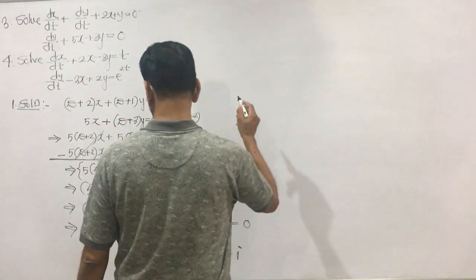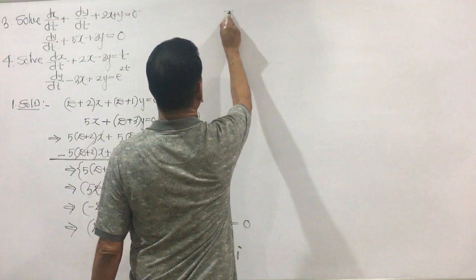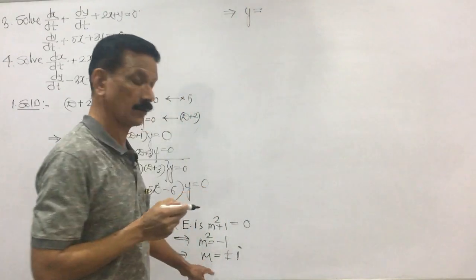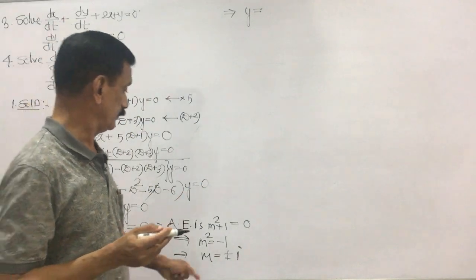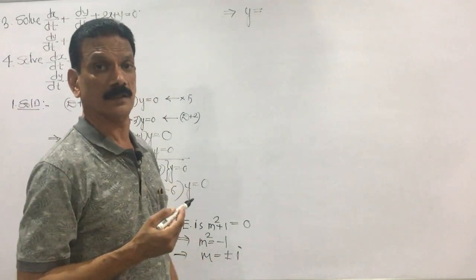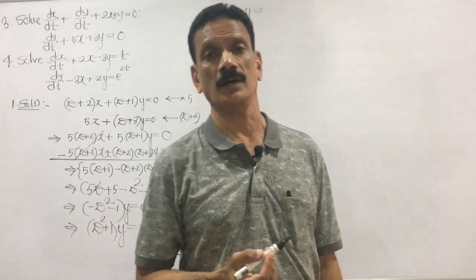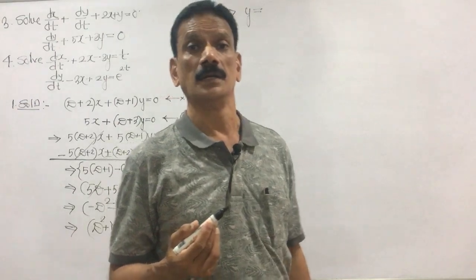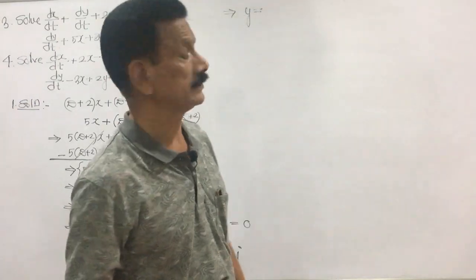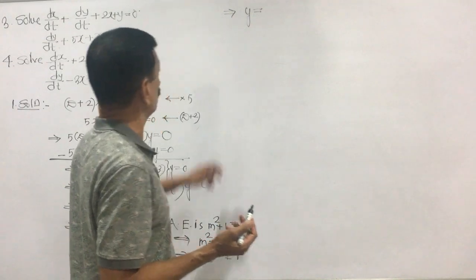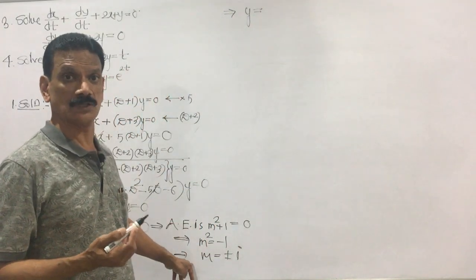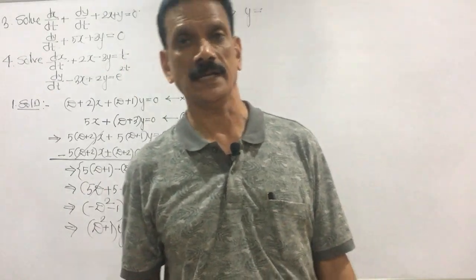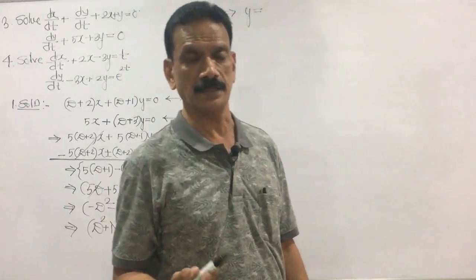So I write here the solution. I write that as y equal to, for complex roots, and you know that when we have complex roots the solution is e raised to alpha x into bracket c1 cos beta x plus c2 sin beta x.